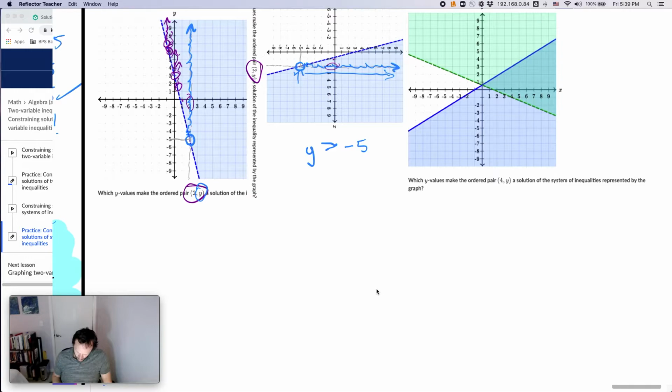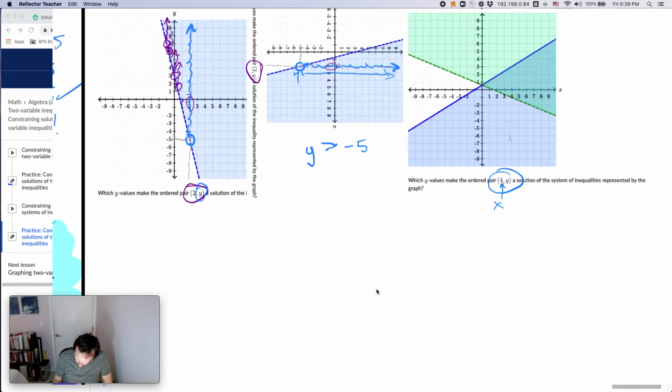Which y value makes the ordered pair for y a solution? So here we know x is 4. So we're going over to x is 4, and we're looking at the line segment through x is 4.